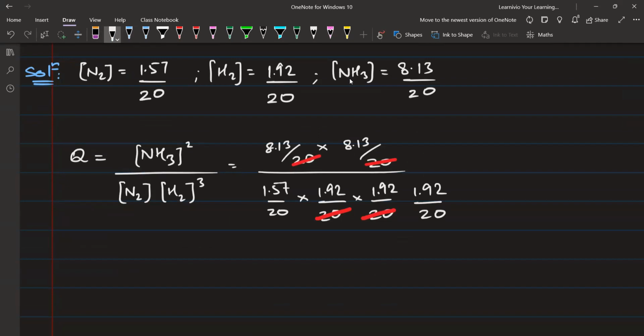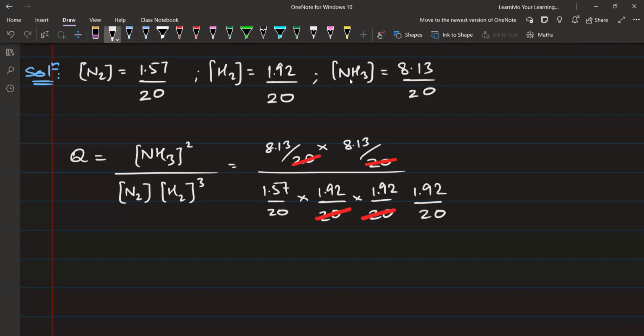So let us assume 1.92 to be 2. Can we do that? Tell me. What do you guys think? If I assume it to be 2, then things will be easy for me. That's why I'm saying.